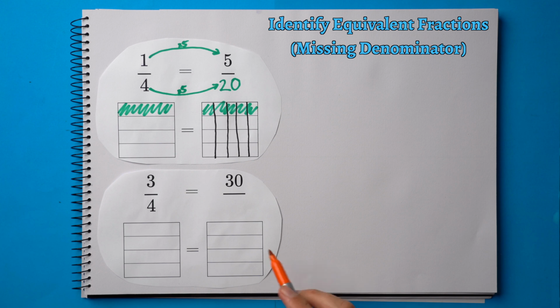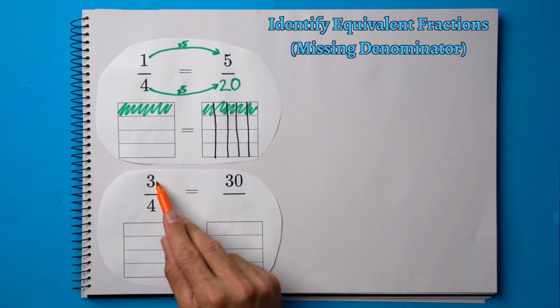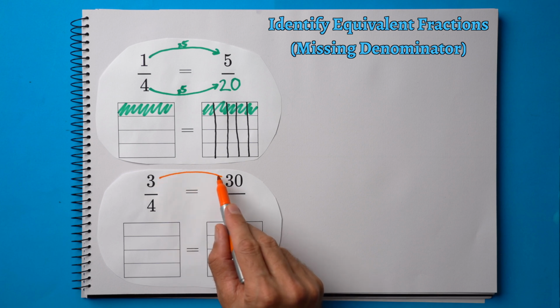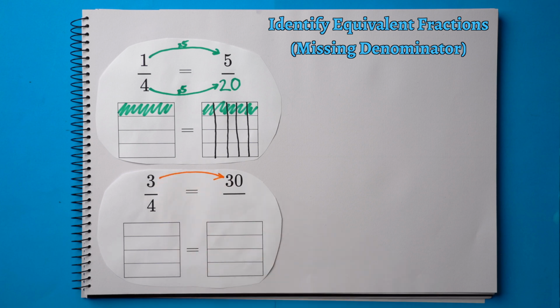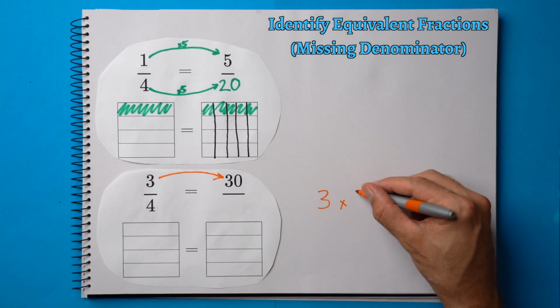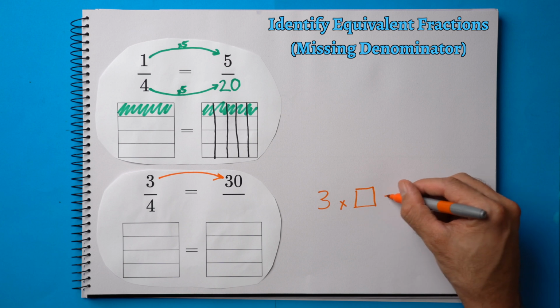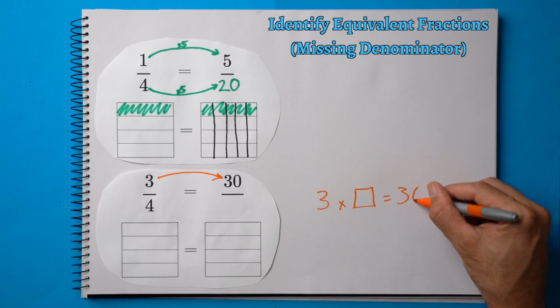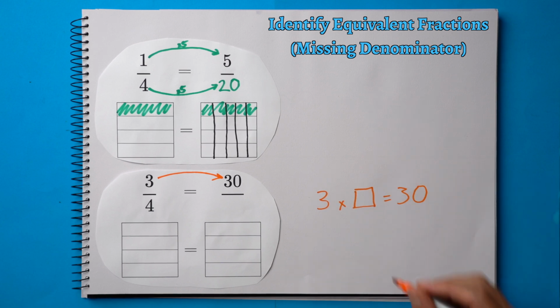All right, let's have a look at another one. This one's 3/4. Okay, so this time we've gone from 3 pieces to 30 pieces. So what did I times it by? 3 times what would give us 30? And we know it's 3 times 10, don't we? That gives us 30.